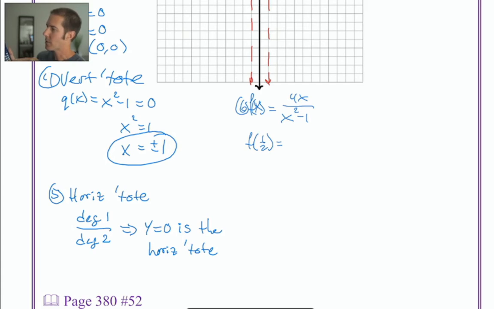Now when I hit enter, it processes our x value of 1/2 through that expression, and I got negative 2.6 repeating. So we're going to have to plot the point 1/2 comma negative 2 2/3.